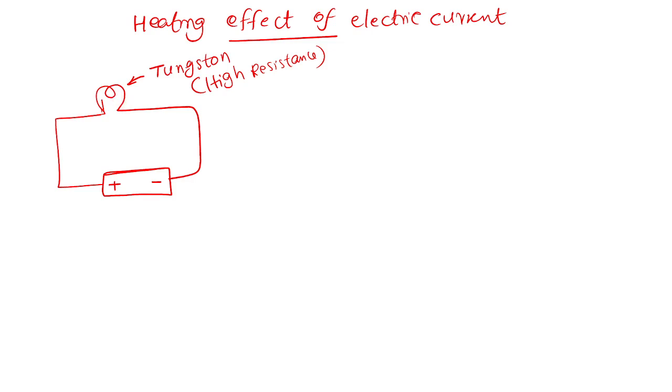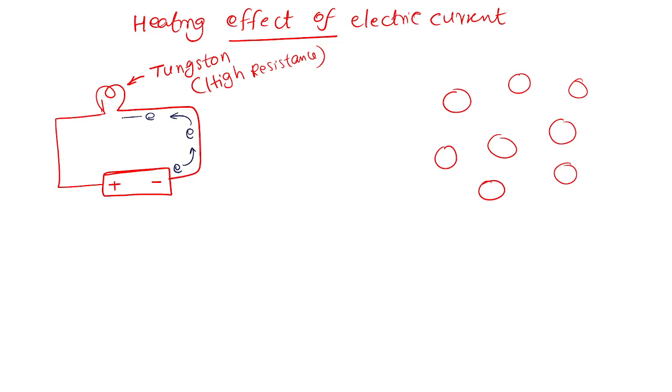Look at this diagram. Actually, this description is not there in the textbook, but I am giving it in order to make you understand. What is the current actually? Current is the flow of electrons. The electrons are flowing like this. As the electrons pass through the filament of the bulb, what happens?